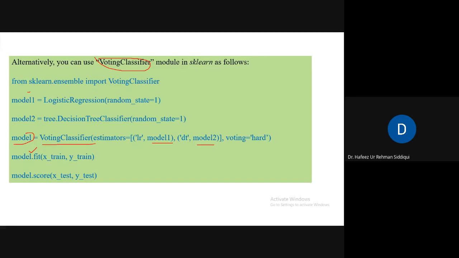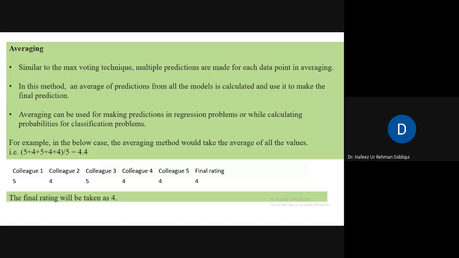So this model has two models inside, 1 and 2. You just give them the train data and the train label, and once you fit it on this, we give them the test data and it will give you a score.